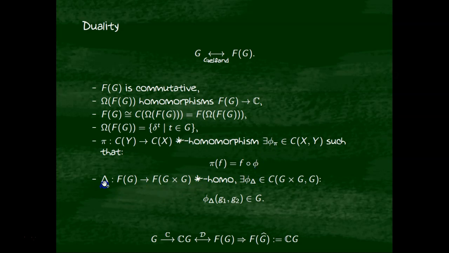So the co-multiplication is a star homomorphism, so there exists a function going in the other direction, from G times G back to G. And so there is such a function that can easily associate for us an ordered pair g1, g2 with another element of the group. And you can use co-associativity of delta to show that this multiplication is associative.